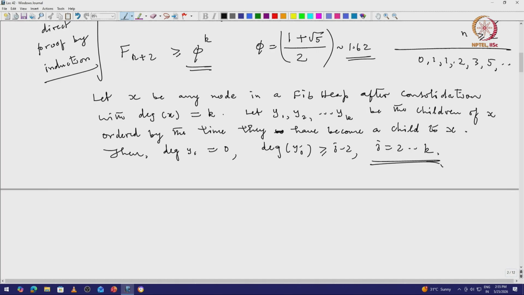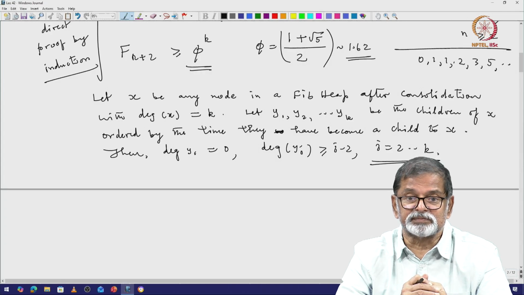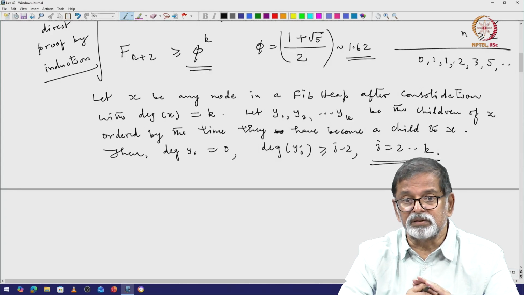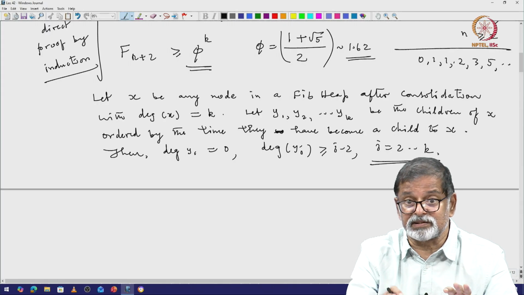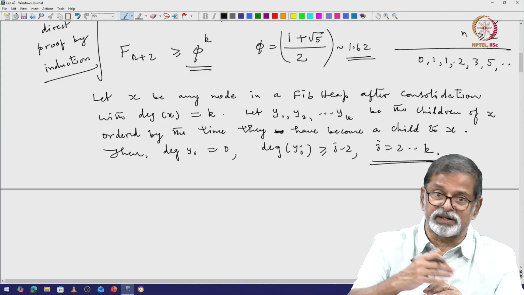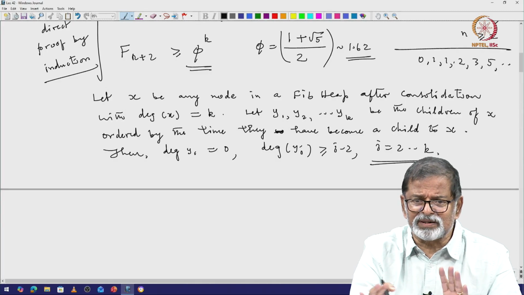This shows the density or the size of the subtree rooted at x. This has an important implication on that. We will come to that next. First we will see this property.